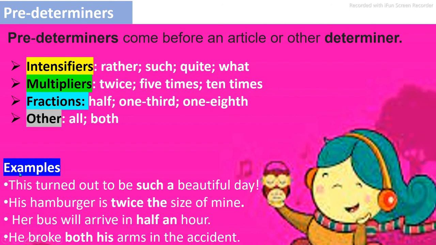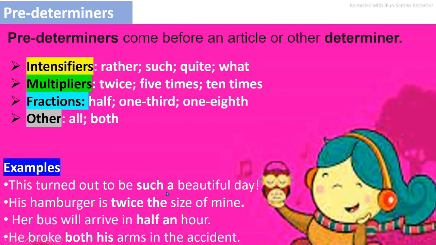So let's have a look at the nouns and predeterminers once again. Day, size, hour, arms, these are the nouns which are modified by the determiners a and such, the and twice, an and half, his and both.